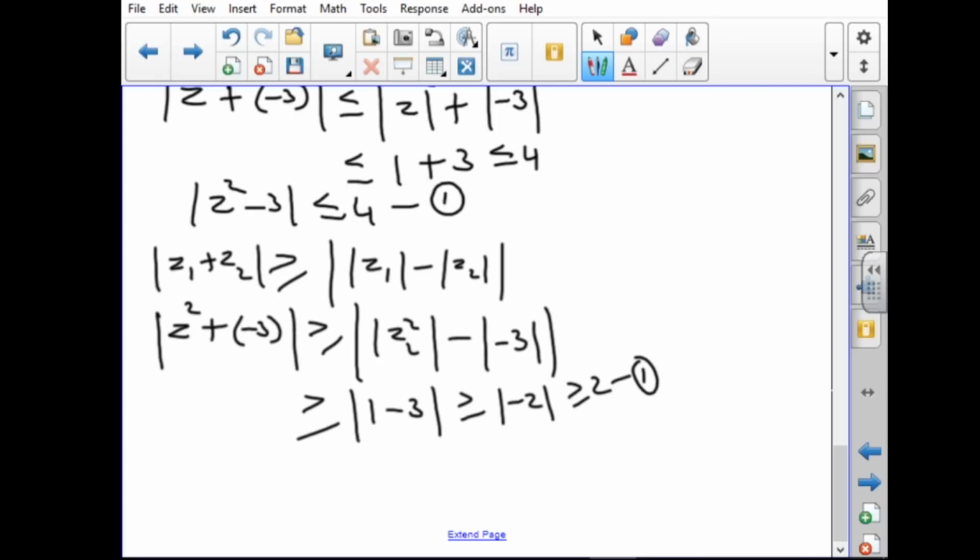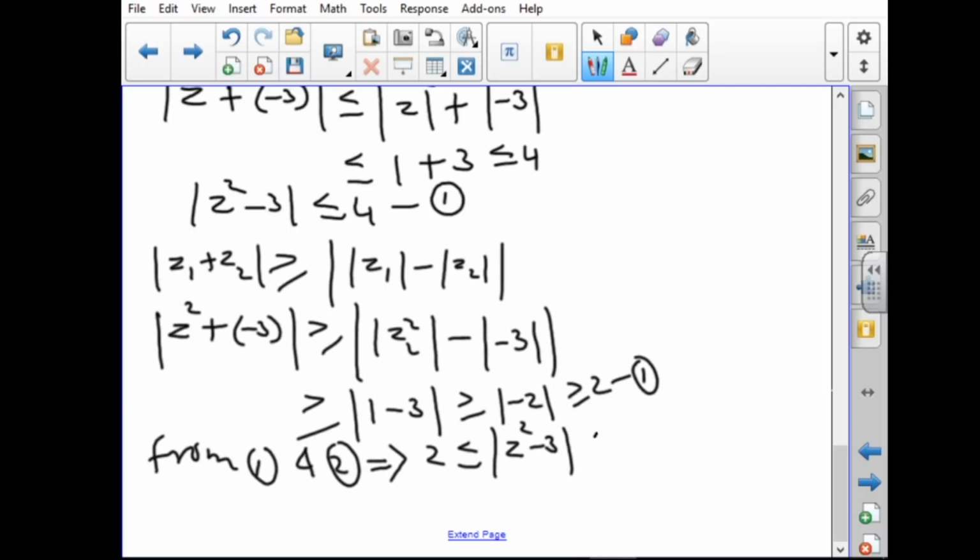So, we take this as 2. So, from 1 and 2, we get 2 is less than or equal to modulus of Z square minus 3, which is less than or equal to 4. So, hence we have proved this.